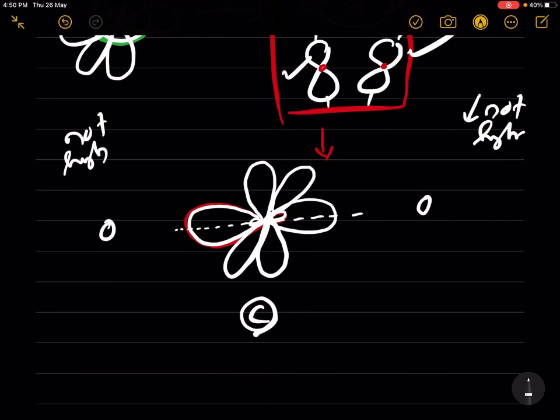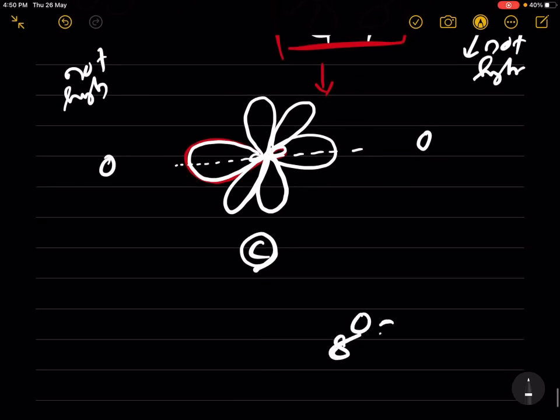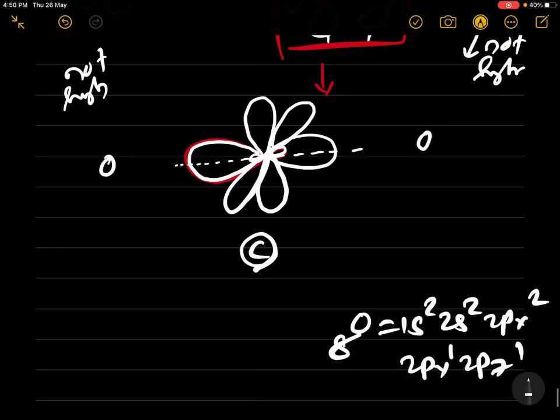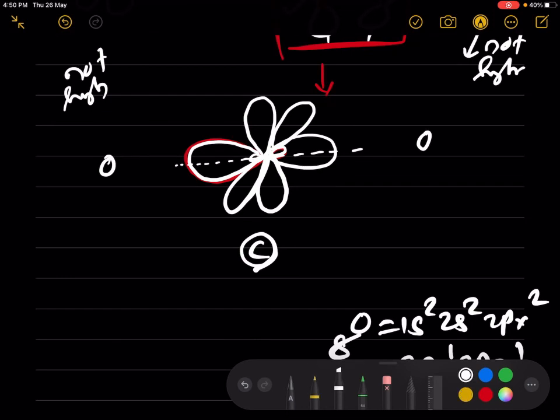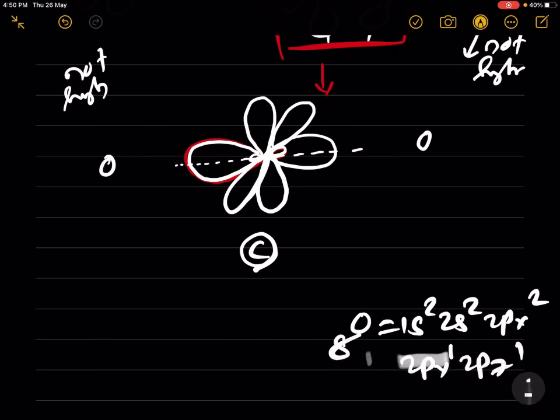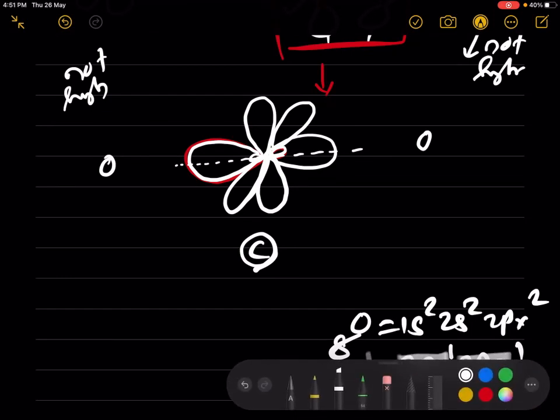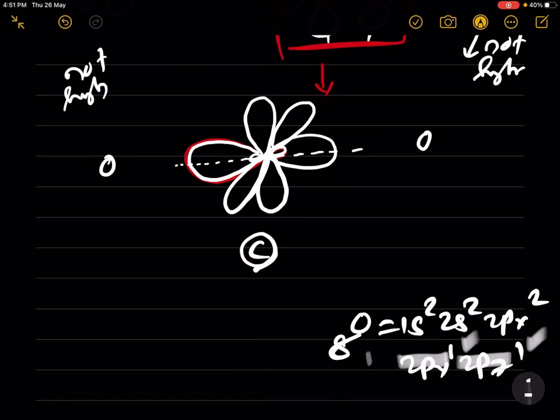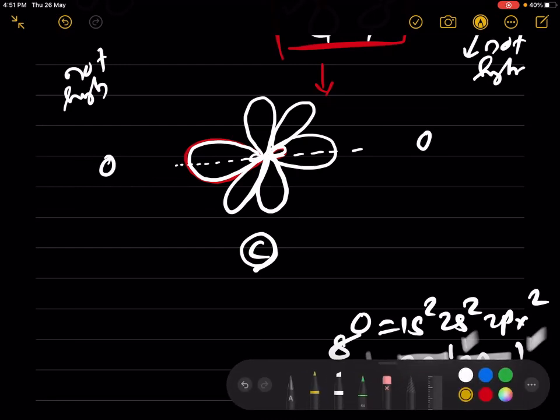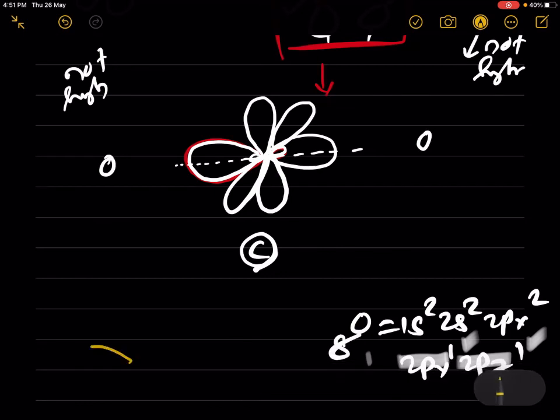The atomic number of oxygen is 8, 1s2, 2s2, 2px2, 2py1, 2pz1. So for your information, this 2py and 2pz will take part in bonding because these two orbitals are half filled. You see this 2py, then this is 2pz, perpendicular to each other.